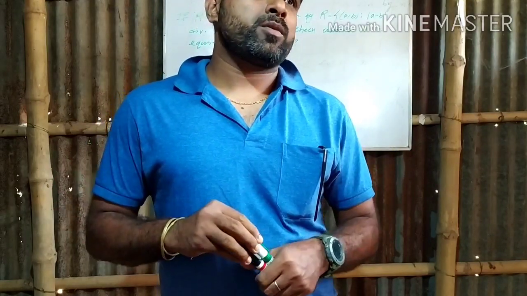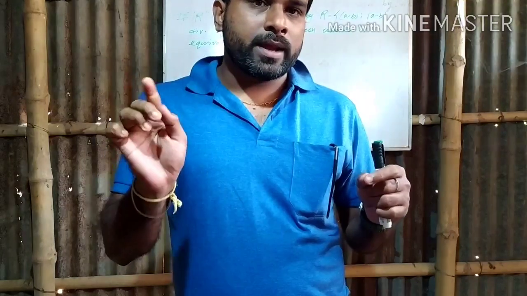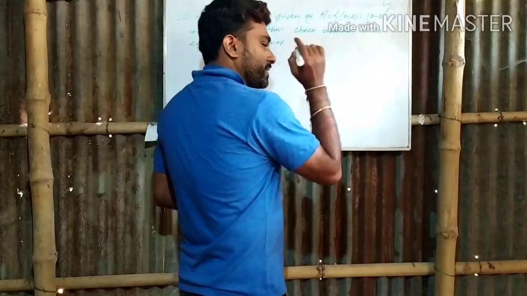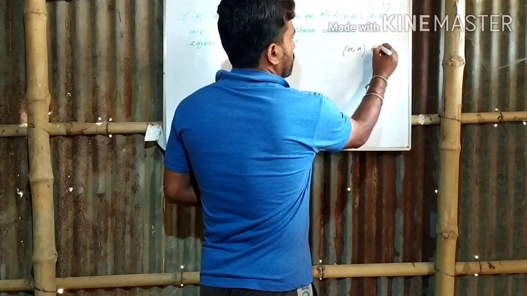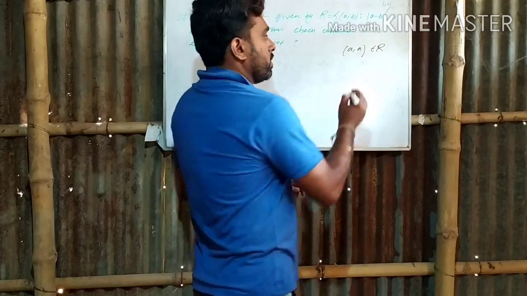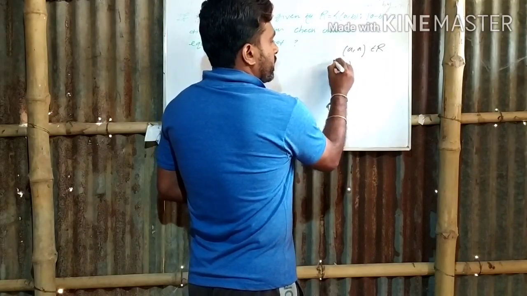The reflexive property is what? The reflexive property is that the ordered pair (a, a) belongs to R. If in any relation set the ordered pair (a, a) belongs to R, then this relation set is called reflexive. The symmetric property is what?